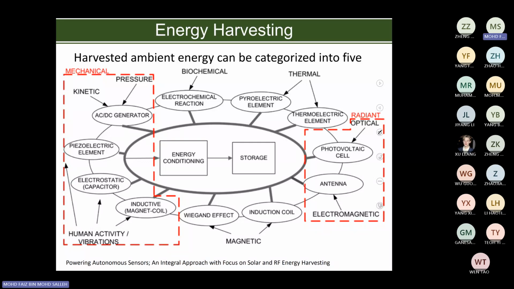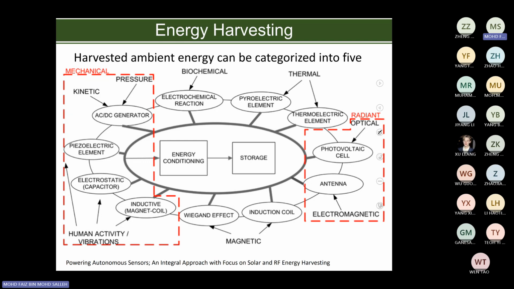Okay, those are its forms. We can have mechanical, thermal, electromagnetic, and chemical.